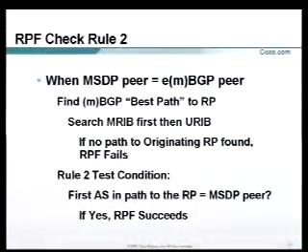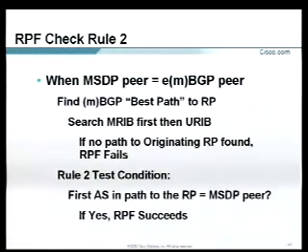So now we're getting to another rule. This is really the only other rule that you need to remember. Within your domain, you've got to peer with the same BGP address. The second rule is for when your MSDP peer is an external address, outside of your domain. How do we do this RPF check back towards the originating RP?